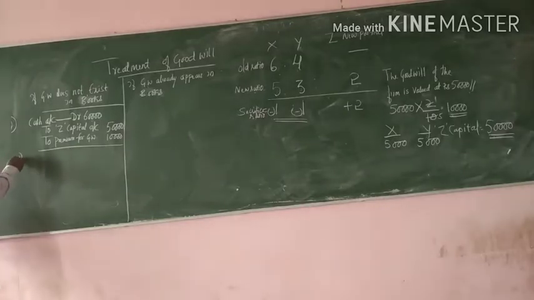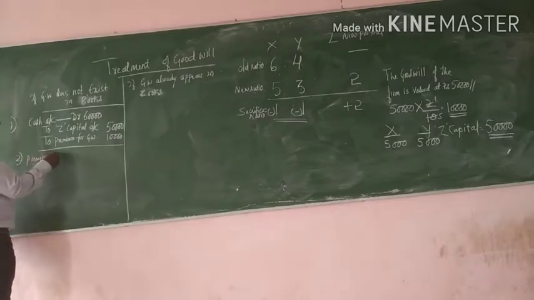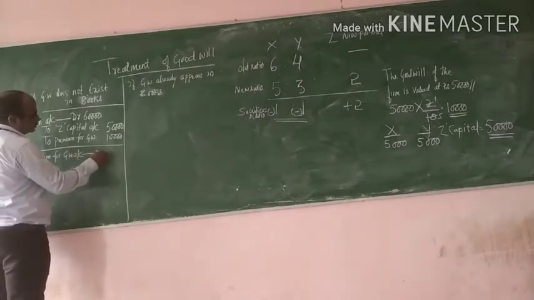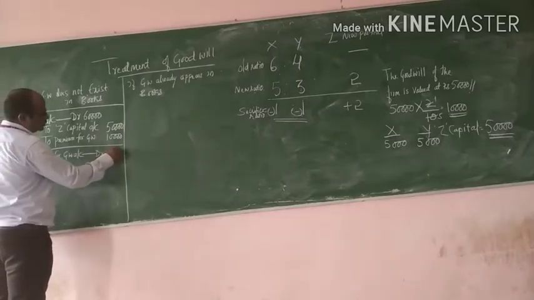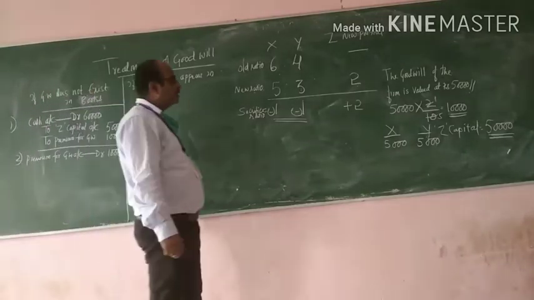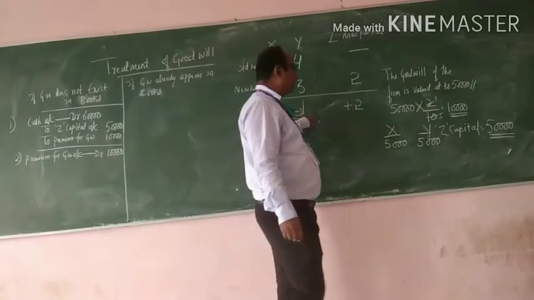The second entry will be: premium for goodwill account debit 10,000. So that should be transferred to the old partners as per the sacrifice ratio.